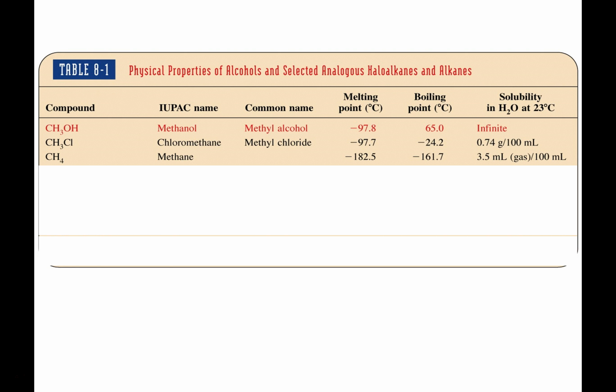So here we've got some different criteria. We have one carbon, and from that carbon we can branch 4 hydrogens. We can branch 3 hydrogens and a chlorine. We can branch 3 hydrogens and a hydroxyl group. This is the corresponding name, melting point, boiling point, and how soluble they are in water. So why is methane so much less soluble in water than methanol?